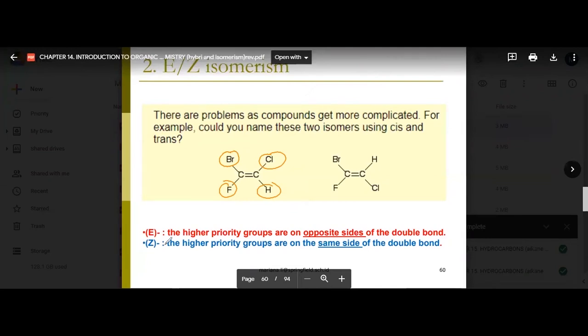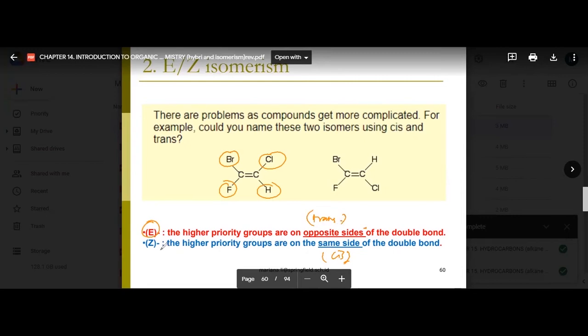In this type of geometrical isomerism, E and Z come from the German language: entgegen and zusammen. Entgegen means the higher priority groups are on opposite sides, so this is the same as trans. And Z is at the same side, so this is similar to cis.